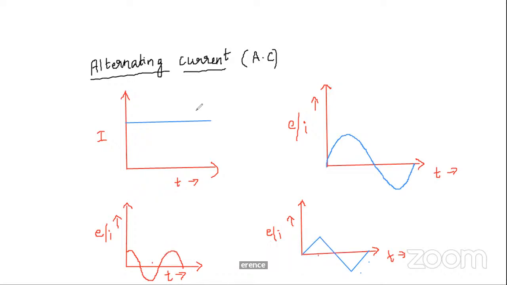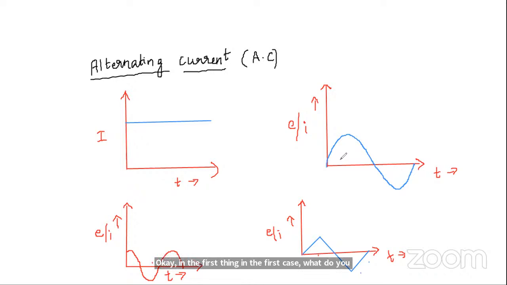Can you observe any difference among the four graphs? Sir, the direction of current is changing, sir. In which cases? Sir, in second, third, and fourth case. Okay. In the first case, what do you observe?